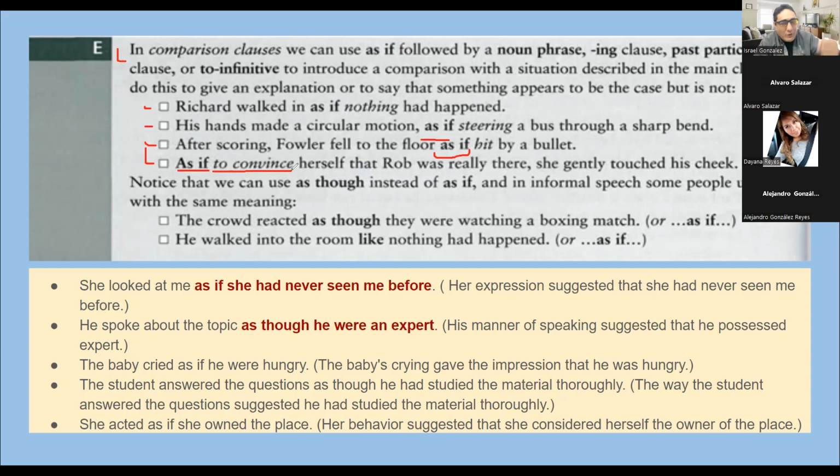I always repeated the same phrase, I can do it. And the purpose, you give it here. What was the purpose? To support myself or to convince myself. That is another example or another use. But again, this situation is not real. I was not really convinced, but I tried to do it in order to convince myself.